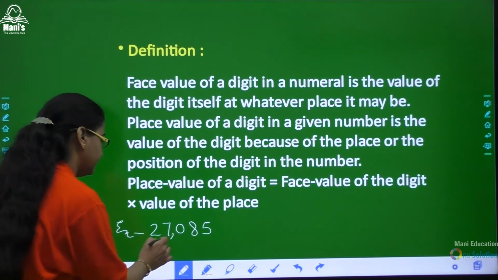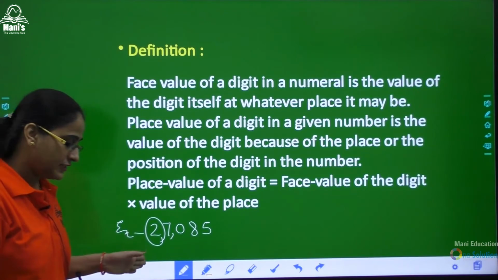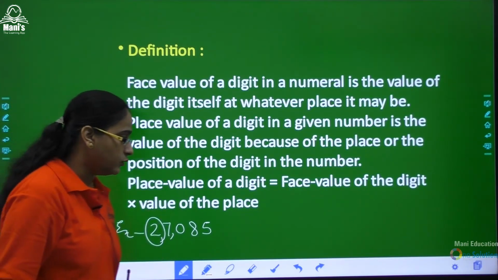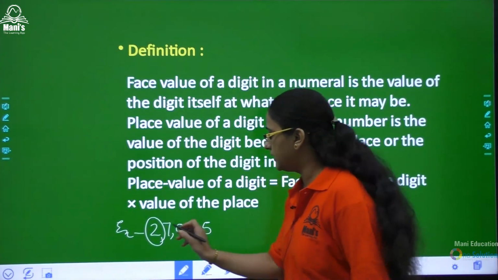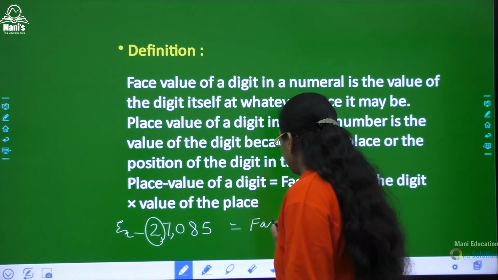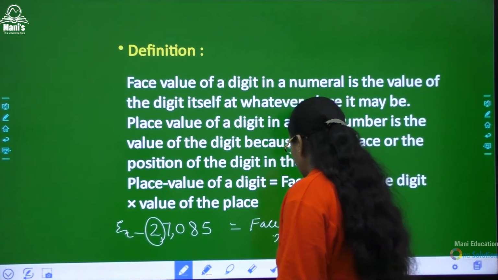This number contains face value and place value. In case of face value, whatever is observed is the same, that is 2.